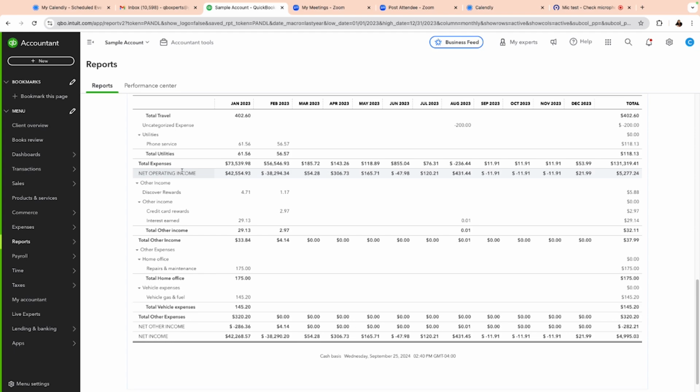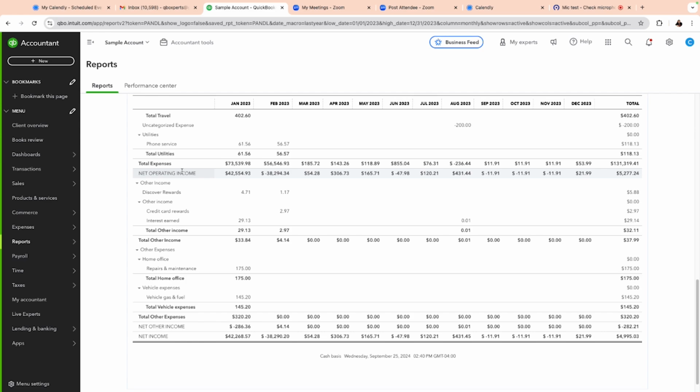Now, one thing that is going to help you understand your profit and loss is comparing it. First of all, we're going to compare the progress of your business through the months and verify if there is a growth or a decline. And if there is a decline, what is causing the decline? If there is growth, what's causing the growth too, so that you can keep doing those things that are helping your business grow, and stop doing or cut expenses that may be compromising your net income.